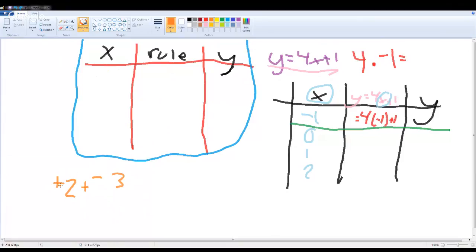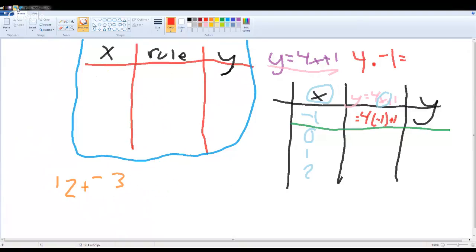This is not same signs, so different signs, subtract. Don't worry if it's in a different order, just pretend like it's 3, but it isn't in this case. It's like 2 minus 3, but you can't do that. So take the sign of the larger number, and the larger number is 3. So it's -1.